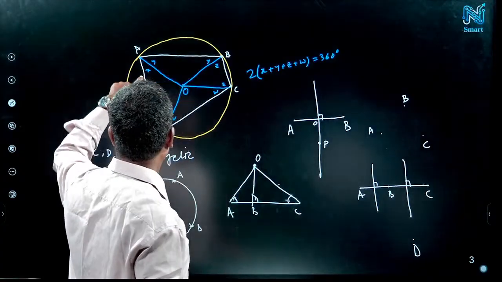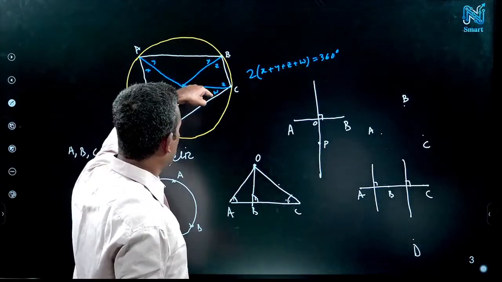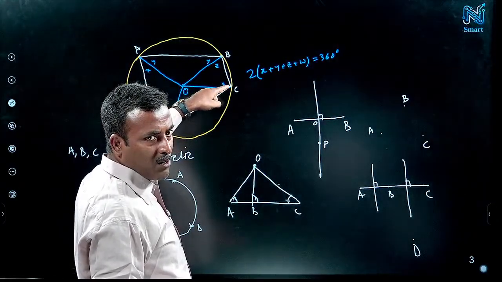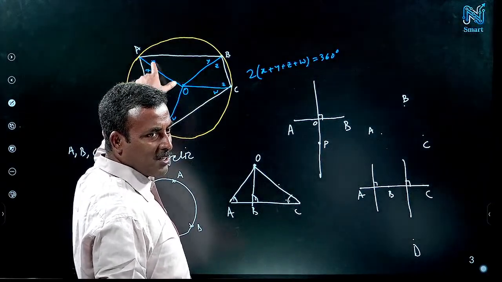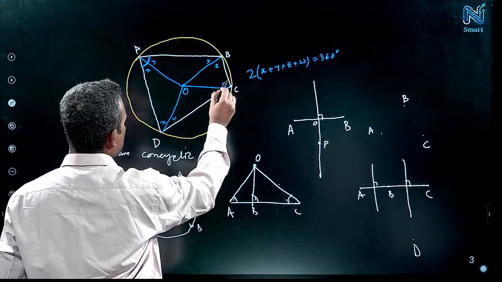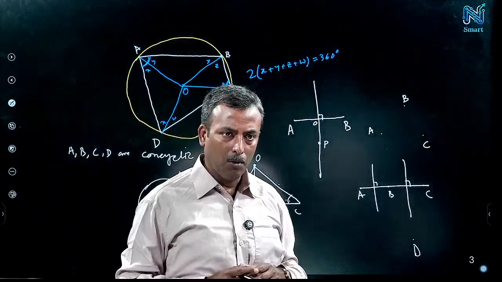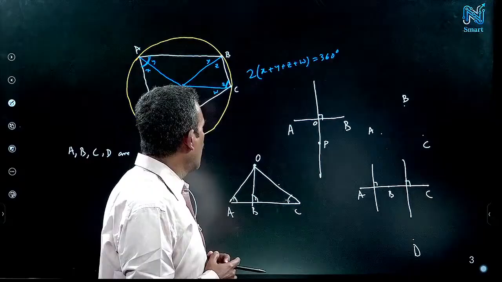So the sum of the opposite angles is 180 degrees, right? So this plus this is 180. Similarly for the other pair.